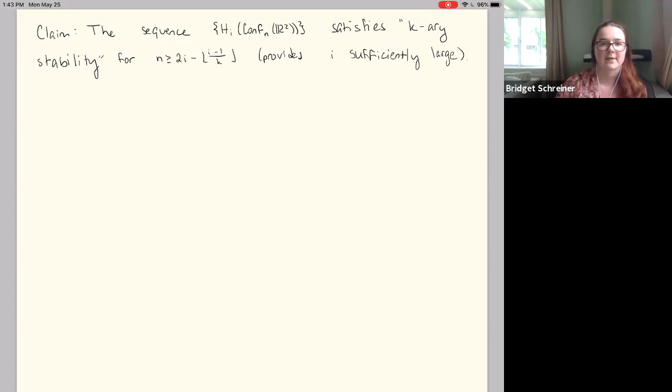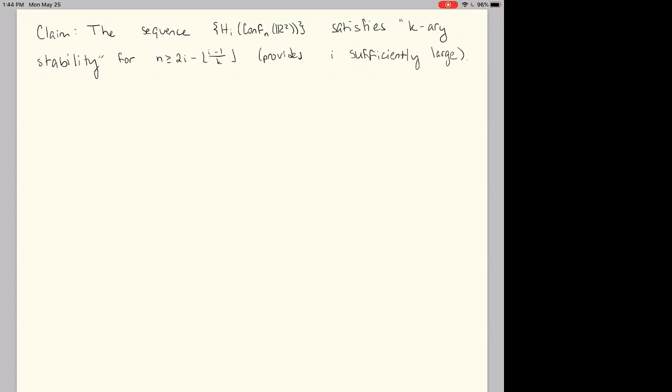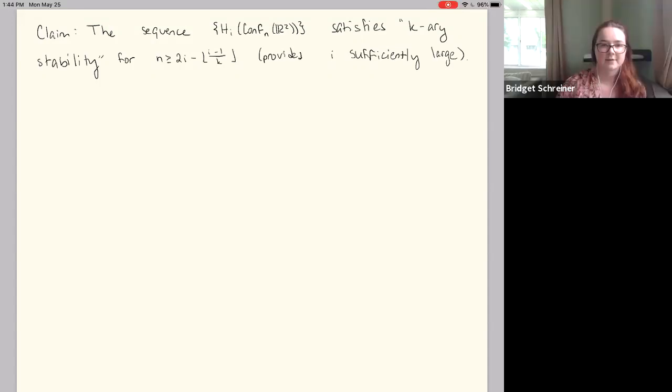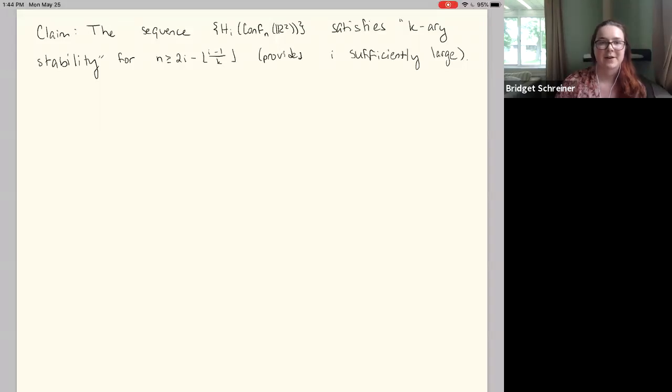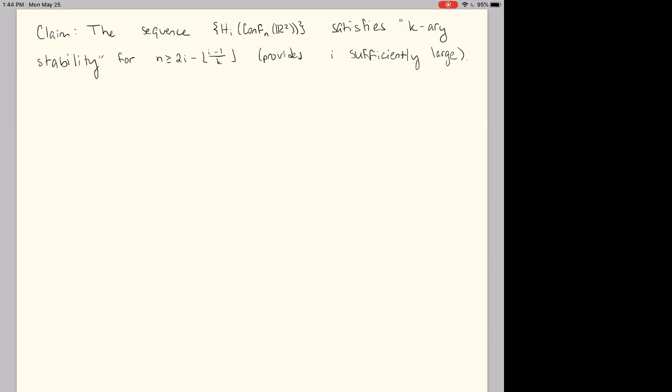So as k gets larger, we're subtracting off less each time. So I fixed i, but I changed k. Right. So the lower bounds will be bigger. Oh, yeah. I might have made a typo here. Sorry about that. But is this expected behavior or not?